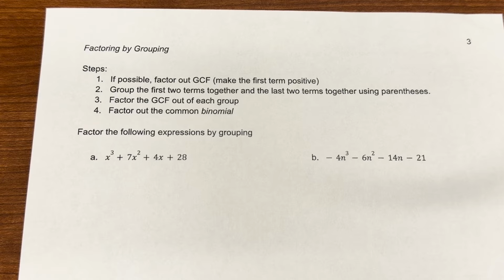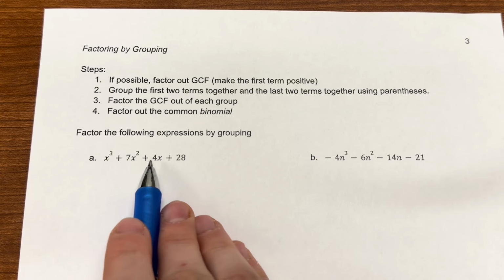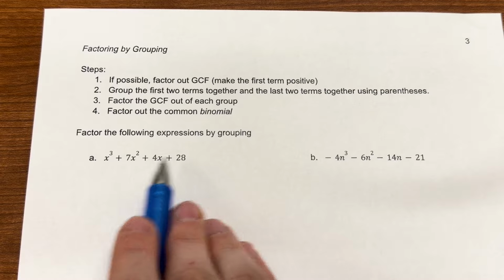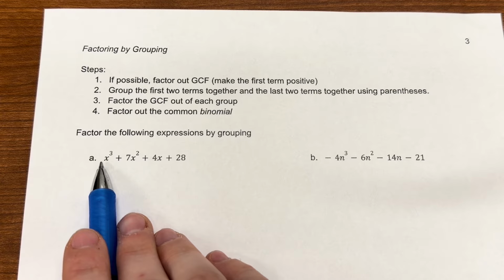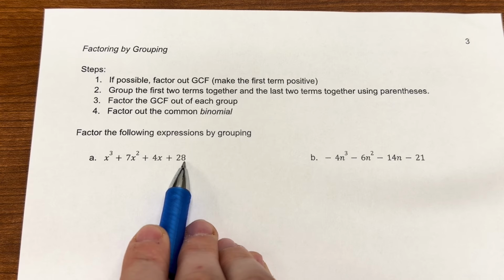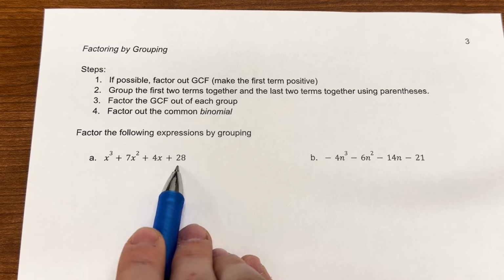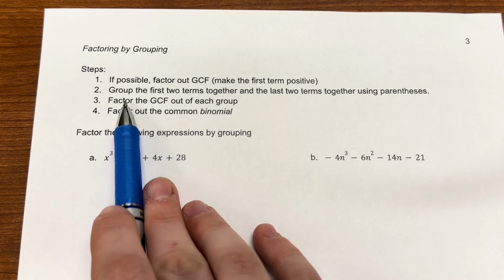All right. So up first, we've got x cubed plus 7x squared plus 4x plus 28. When we're looking at this, we look at the numbers 1, 7, 4, and 28. We aren't going to have a GCF for this whole thing. So we're on to the next step already.